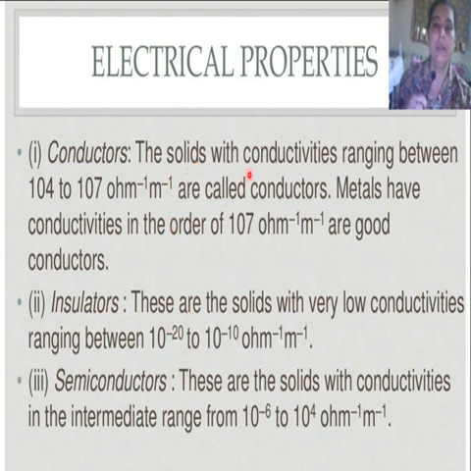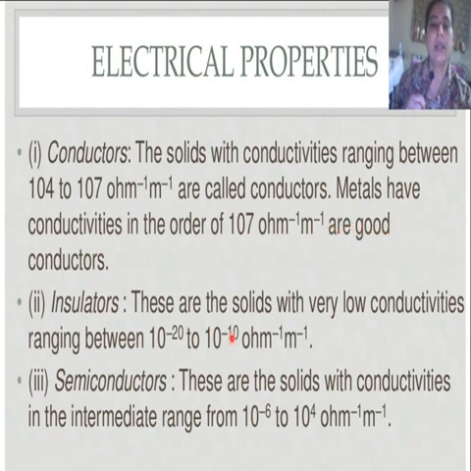The solids with a conductivity ranging between 10 to the power 4, it is not 104, 10 to the power 4 to 10 to the power 7 per ohm per meter are called conductors. Metals have a conductivity in the order of 10 to the power 7 per ohm per meter and are good conductors.